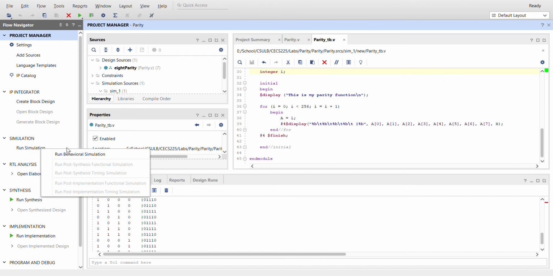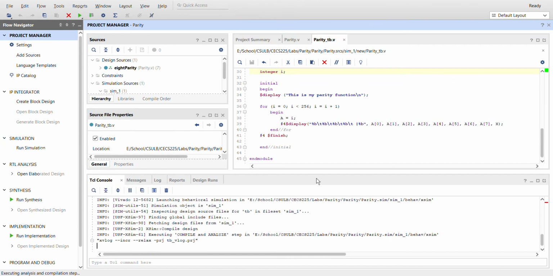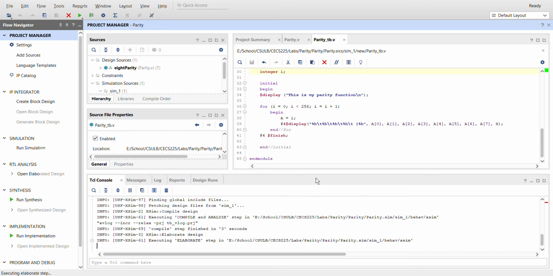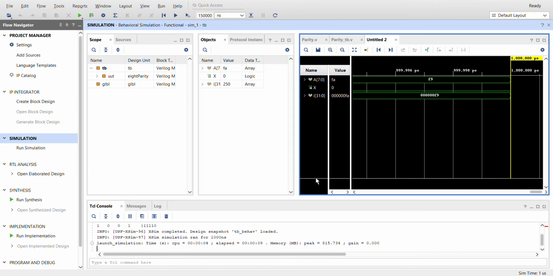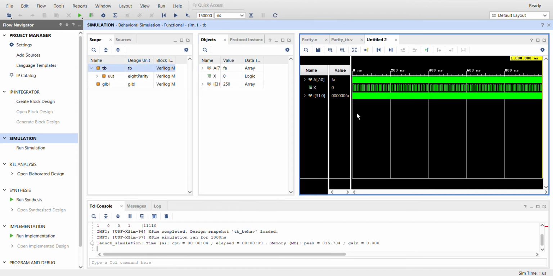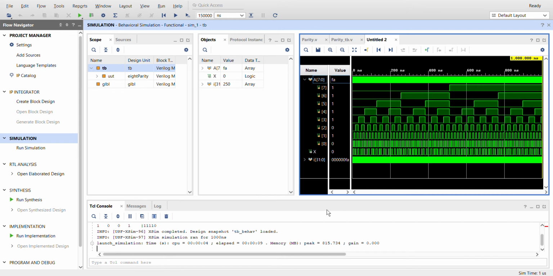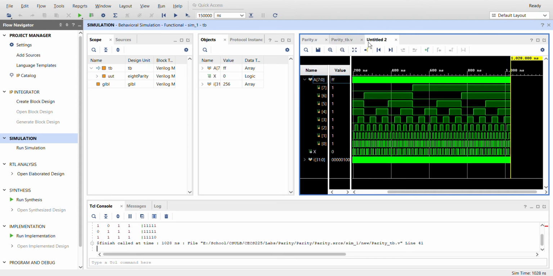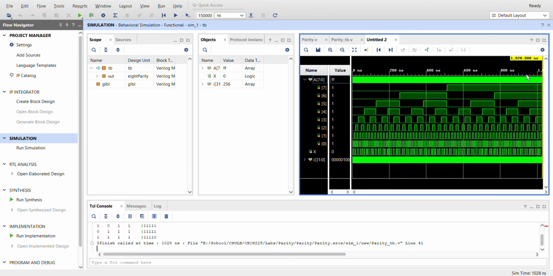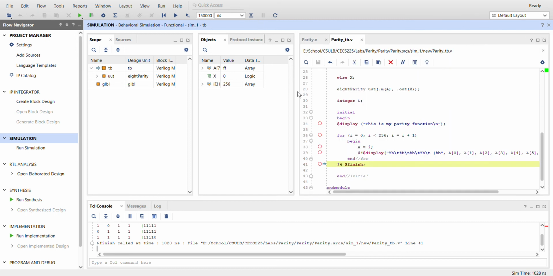But running the simulation now. So this is the output.